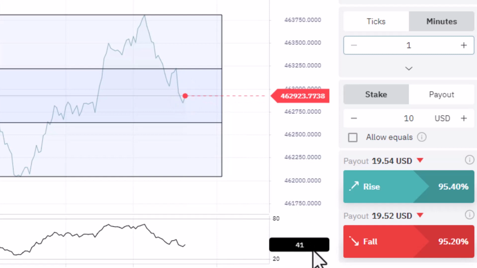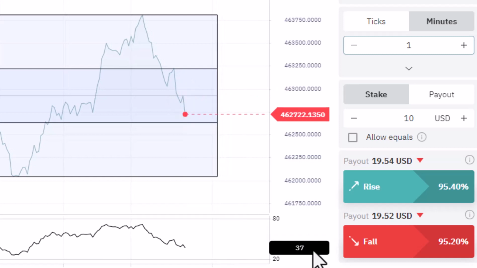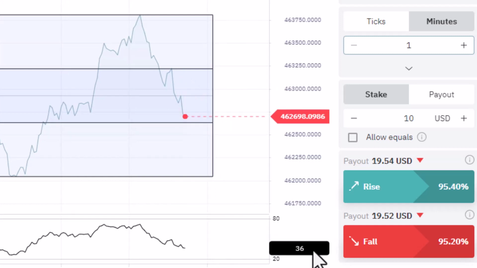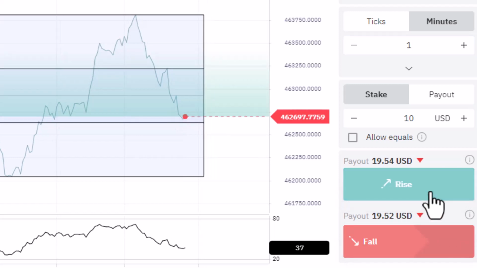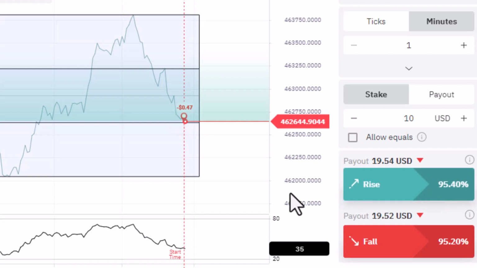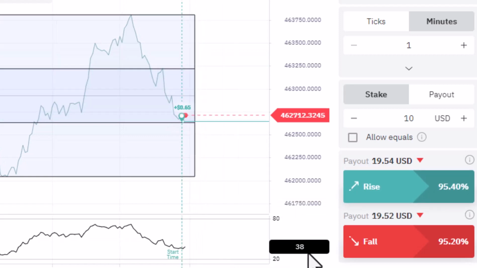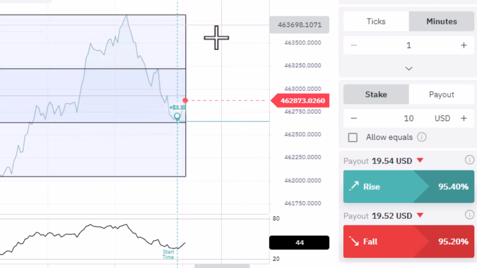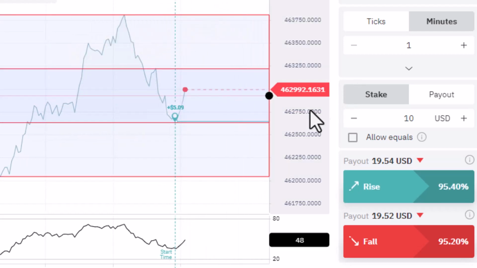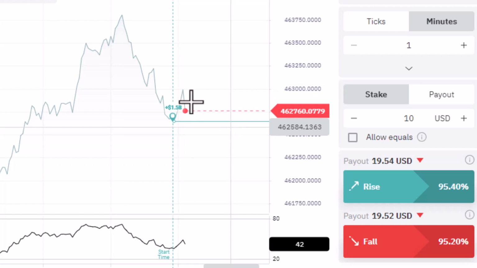Now we have 38, 41, 37, so get ready to do an up trend, a buy. Okay, so you can just enter a buy. It's better if this is below 30 towards 20, and if this is hitting on the lowest point. Or yeah, we can actually take that risk. It's safe since we are doing a buy and the general trend is a buy.